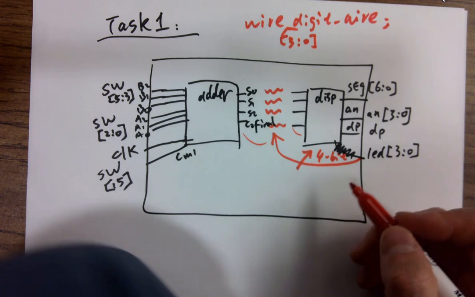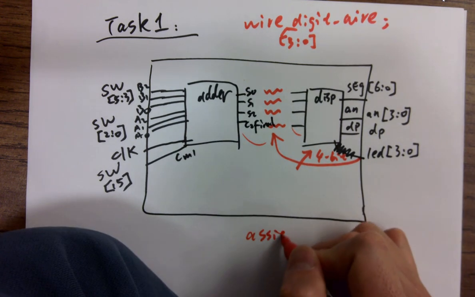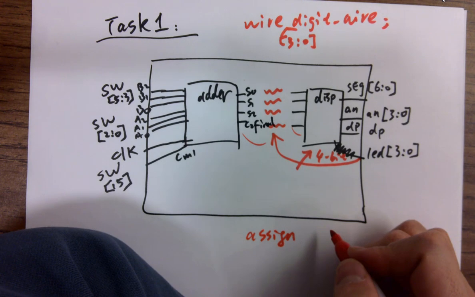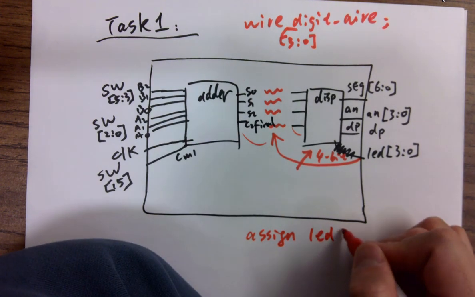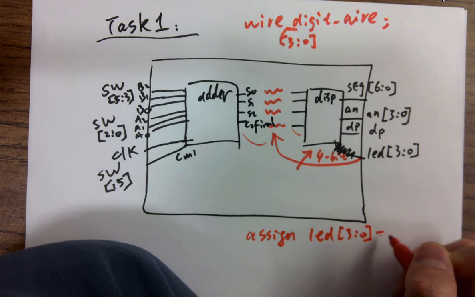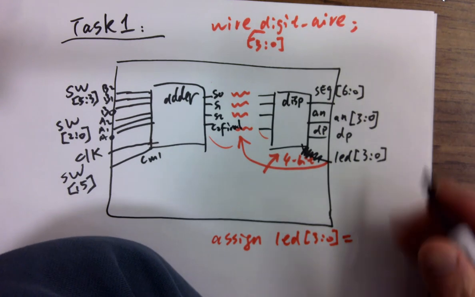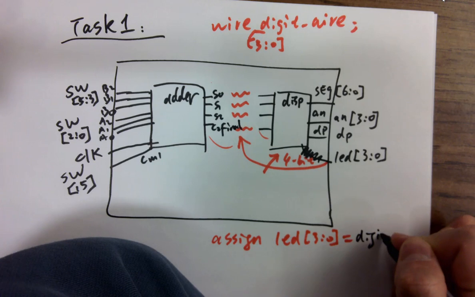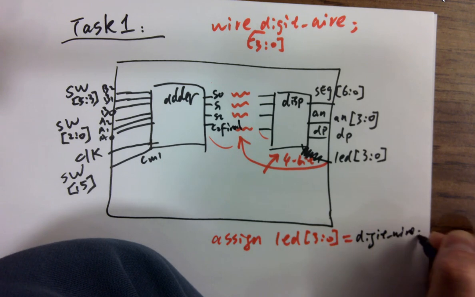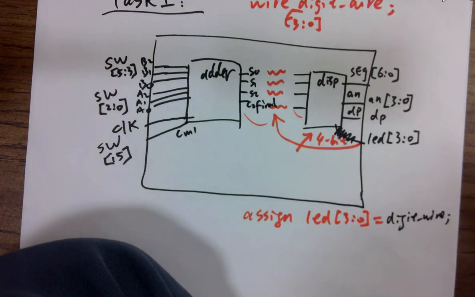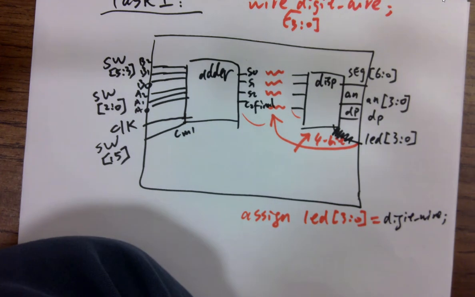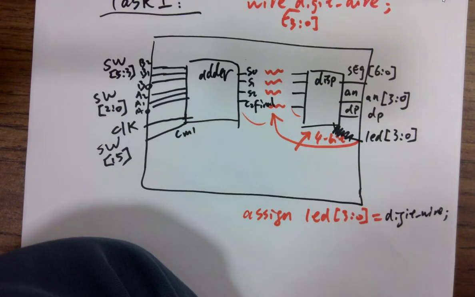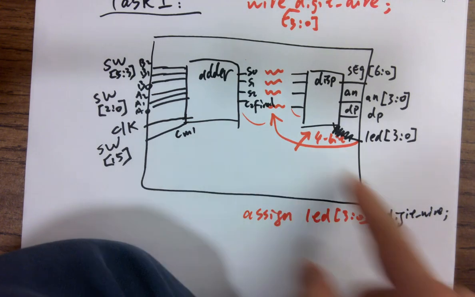Or you can directly assign, right? Assignment: LED equals. Do this at the bottom of the behavioral modeling. So every time the clock arrives, it updates all the signal lines.